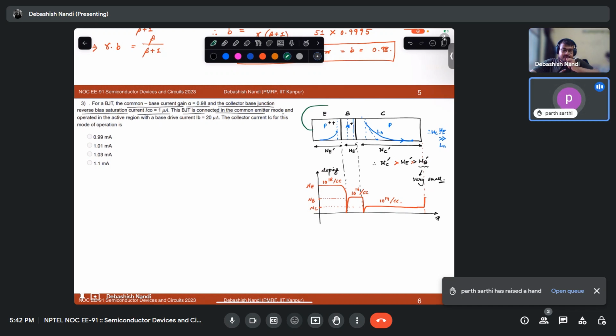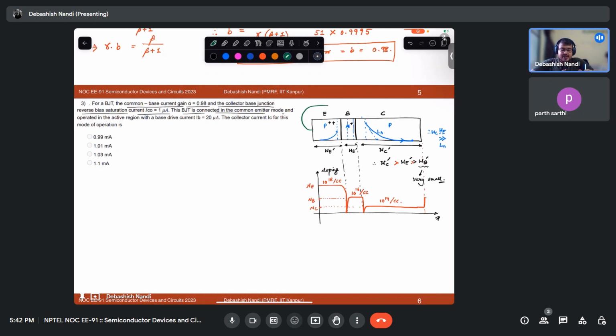Sir, collector doping is more than the base doping. Which one? Collector doping and base doping. Base is lightly doped and collector is moderately doped, no? Base is likely to, why do you say that? If doping is more, recombination will be more.